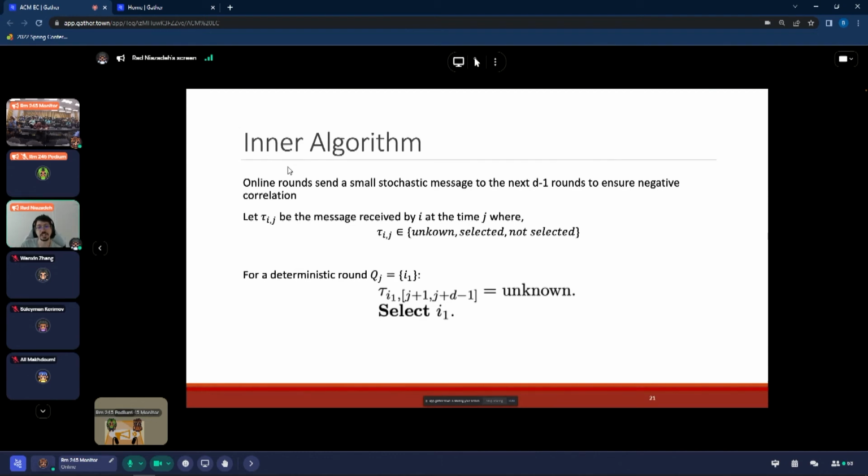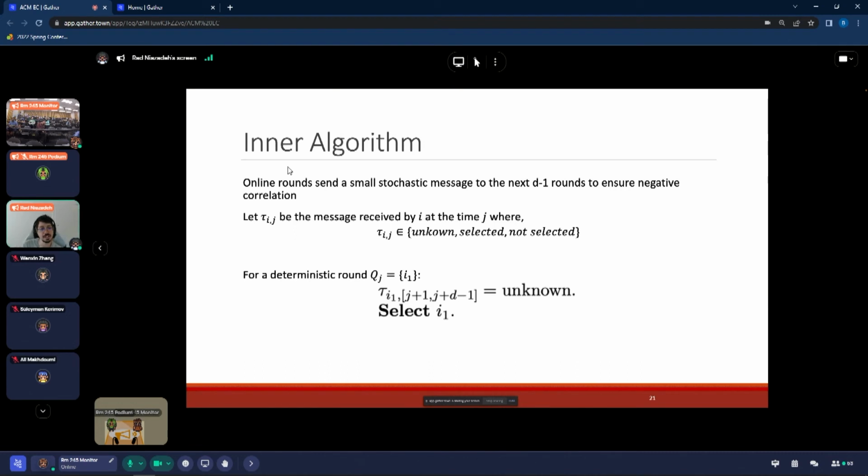In our algorithm, I_j is either unknown, in which case we don't have a specific message for vertex I, or it is selected, which shows that the previous time that I was proposed to the inner algorithm, it got selected by the inner algorithm, or it is not selected, which shows that the previous time that the vertex was proposed, it didn't get selected, and we will select it the next time that we see that vertex to have the negative correlation.